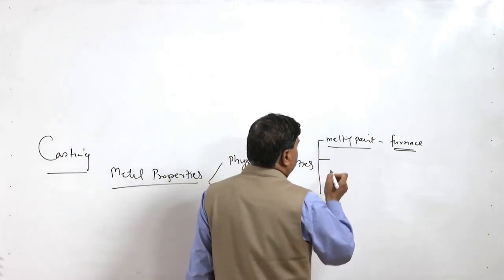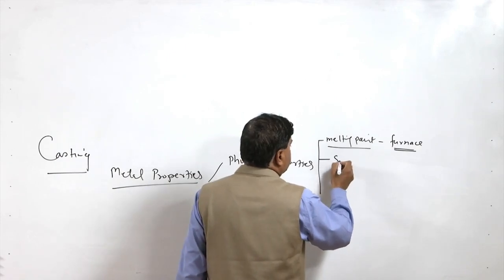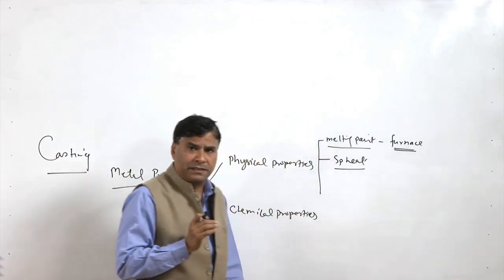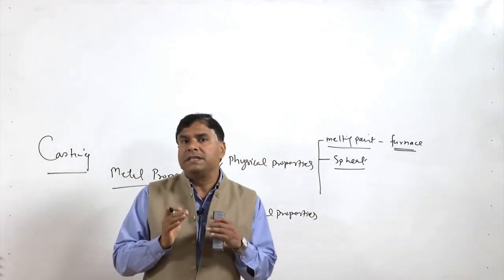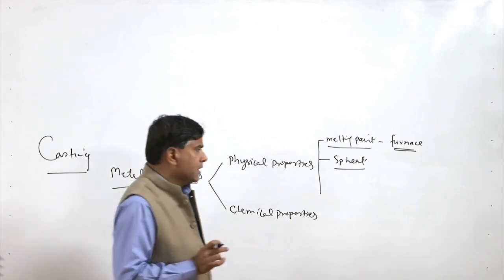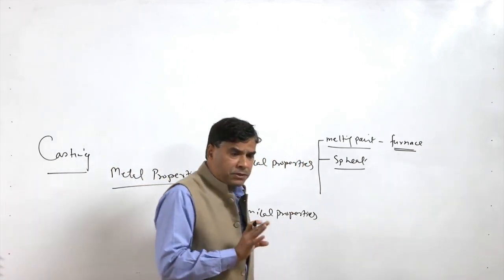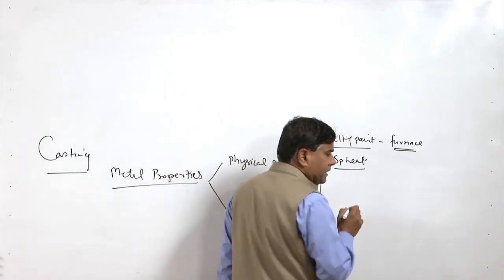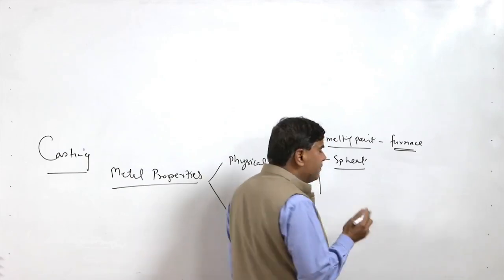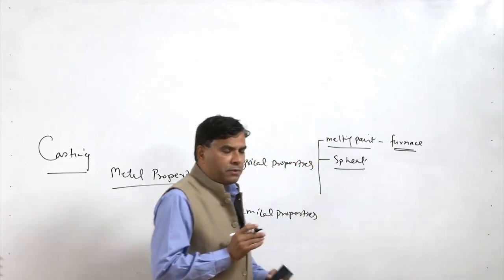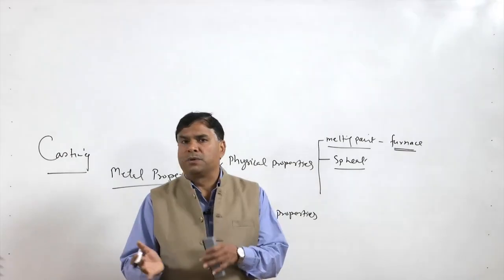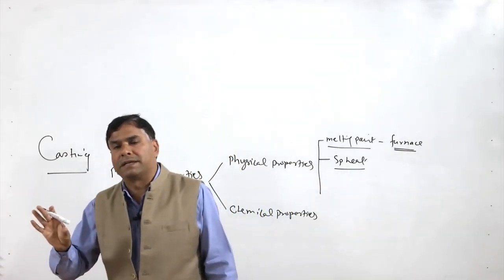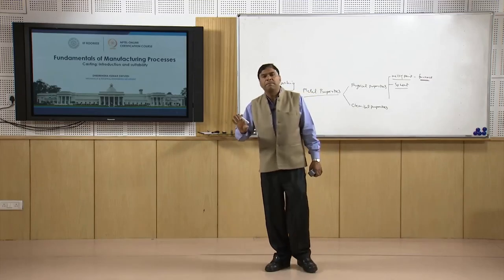Then after the melting point we have specific heat. The specific heat of the metal determines the amount of heat it can carry in the molten state. That heat must be dissipated to complete the solidification. If the specific heat of the metal is high, then it will need to reject a lot of heat to complete solidification, which means the solidification time for high specific heat metals under given conditions will be more.